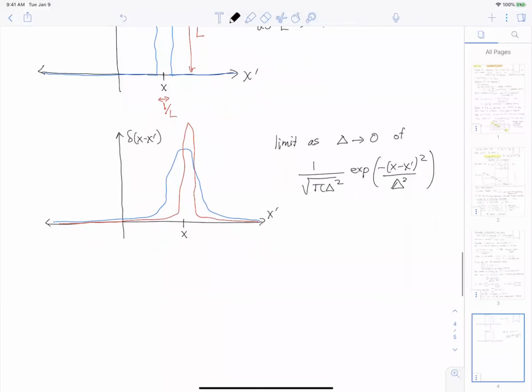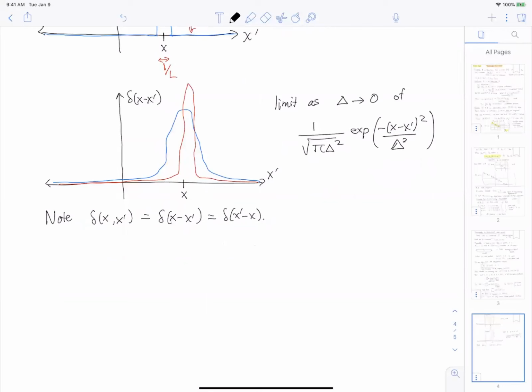Some things to note about it: delta of x prime equals delta of x minus x prime equals delta of x prime minus x. So it's an even function.